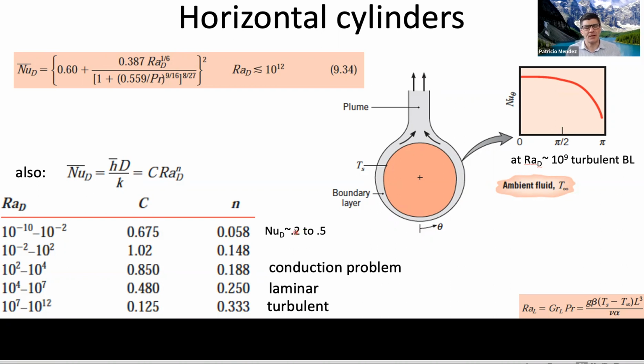But that is when it's becoming more of a conduction problem. From the point of view of plug and chug, get the Rayleigh, and use this formula and this table, or get the Rayleigh and Prandtl and use this formula outright. In the exam, I will tell you if I want you to use one or the other formula.